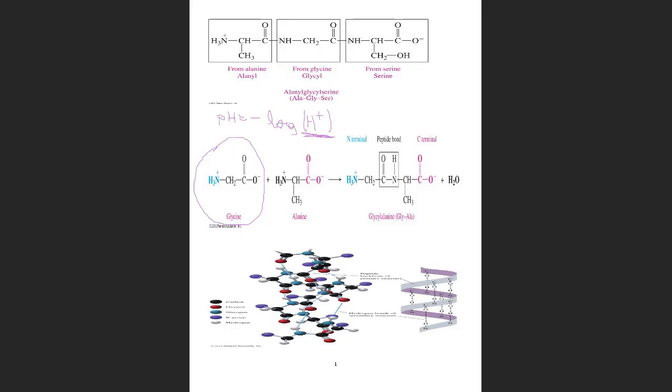If the pH is near the isoelectric point, what is the isoelectric point? It is when the number of positive and negative charges is equal. You can pay attention that here we have a plus in the ammonia, and here we have a minus.